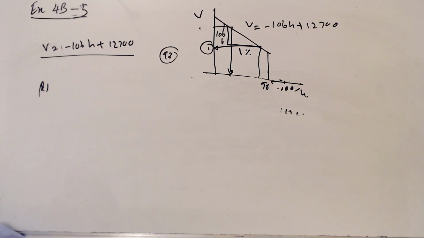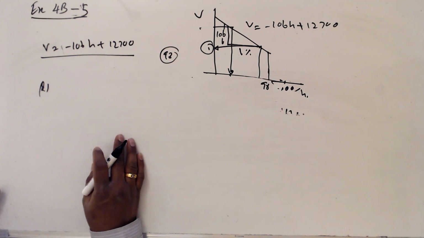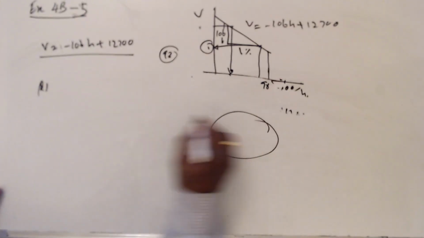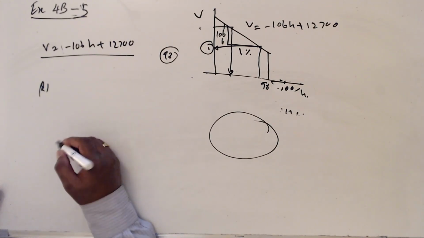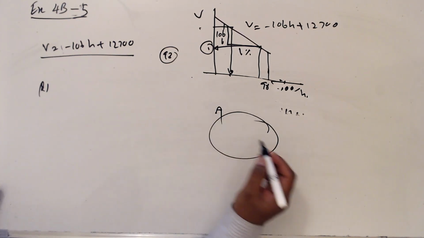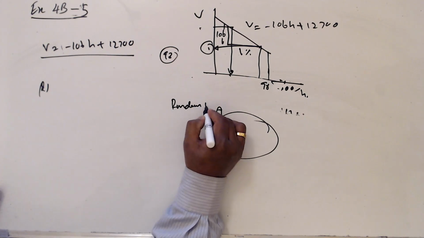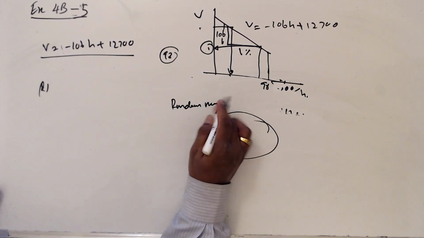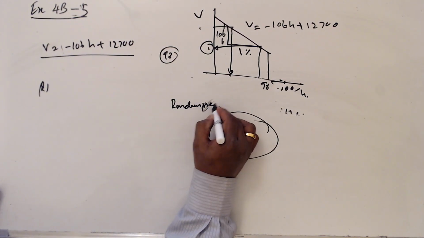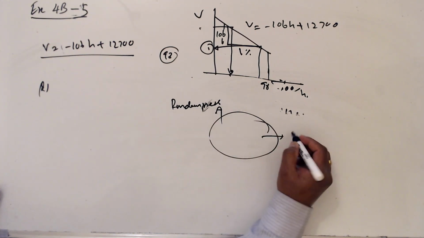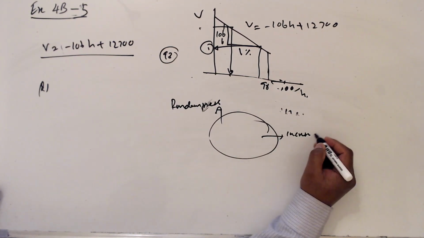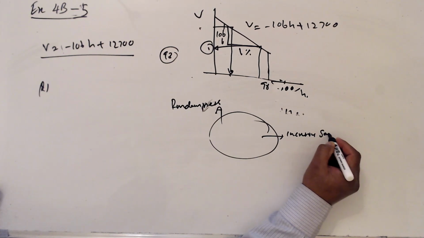Part D: state two ways in which better use could be made of the larger data set to produce a model. Basically, we know we can improve the accuracy by randomness and an increase in the sample size.